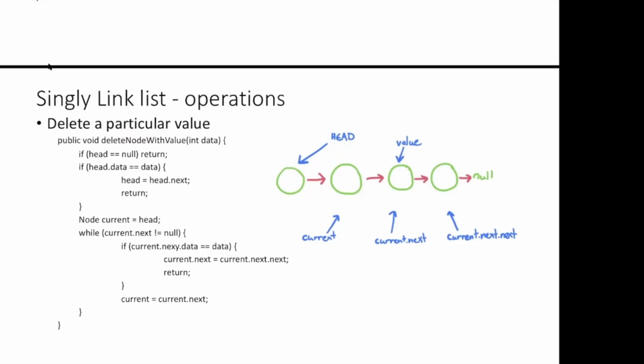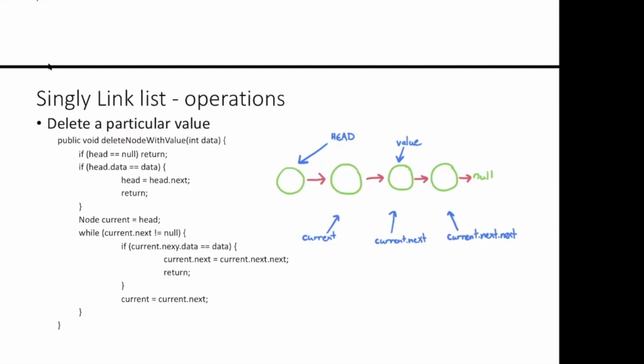What if you have to delete the middle or the last element? So this is what you're doing. You have a pointer called current, and you keep going as long as current.next is not null. You need to identify where your node is.